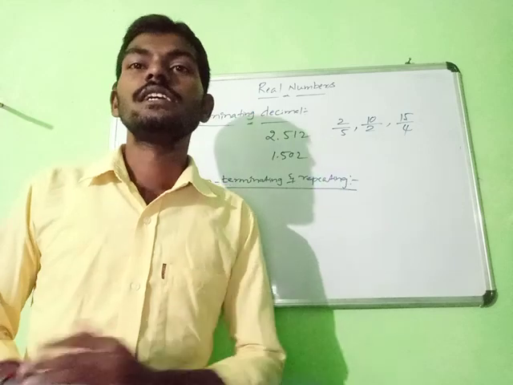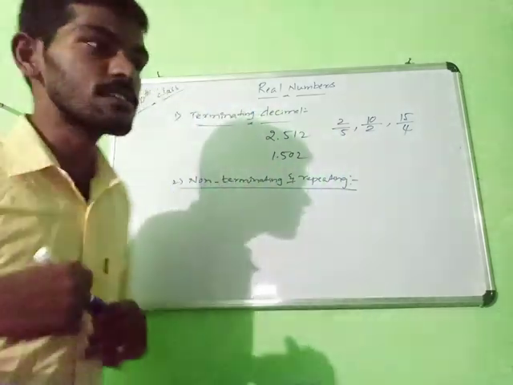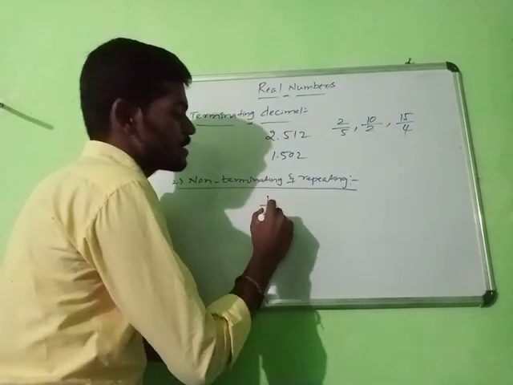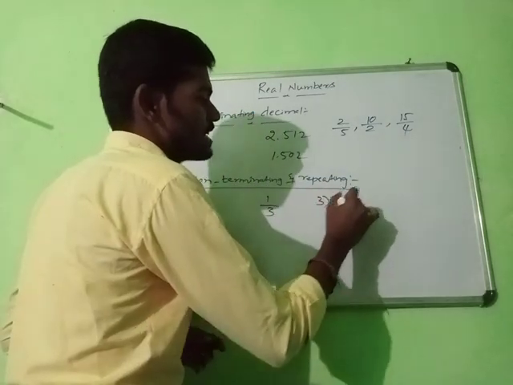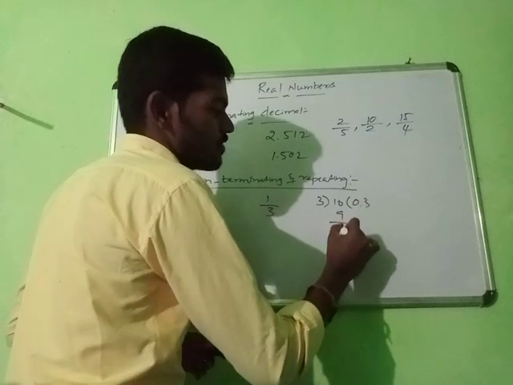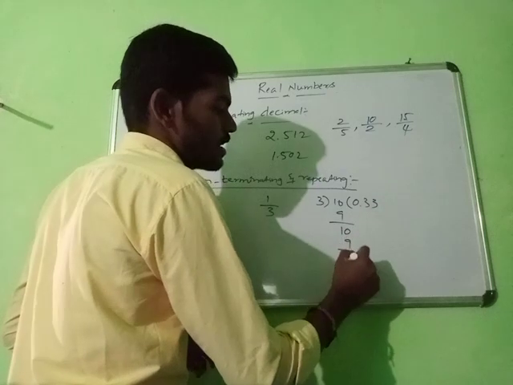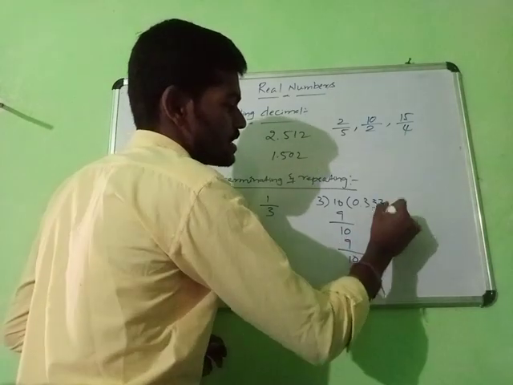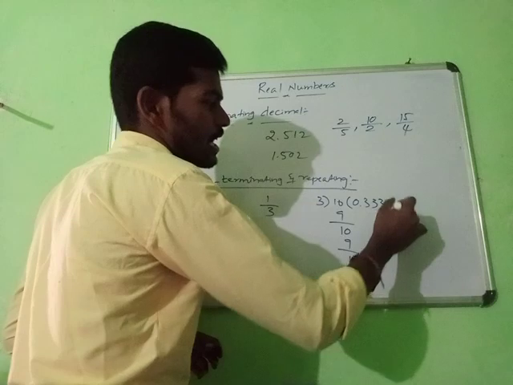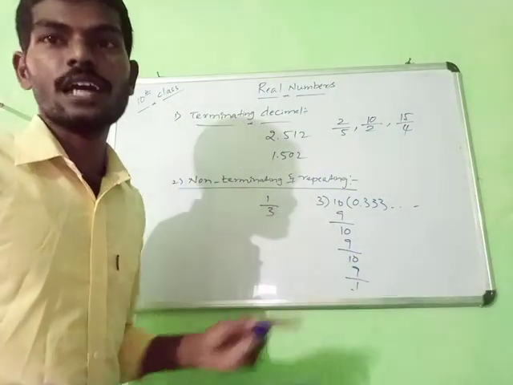Recurring means that the same numbers are coming again and again. For example, take 1 by 3. What will come? 3 into 1, 0 point. 3 threes are 9. Again, 1 point is 0. 3 threes are 9, and so on. This process goes on, but the same number keeps coming again and again.